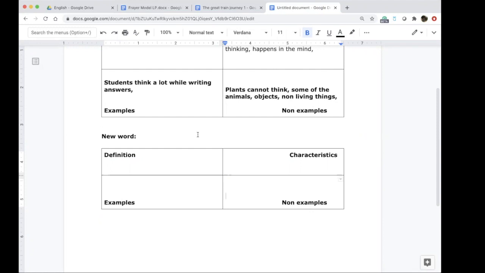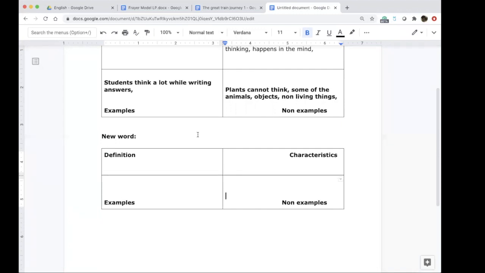Soundarya? Why do we want to use the definition in the Frayer's model? Yes, very good question. To understand the meaning of the word. If we don't know the meaning of the word, can we tell the examples of the word?